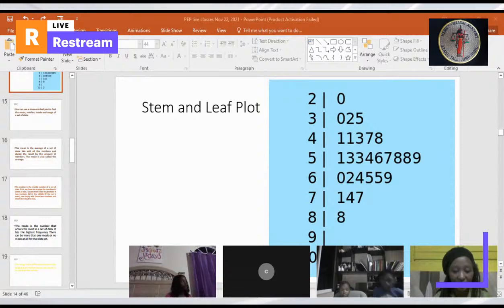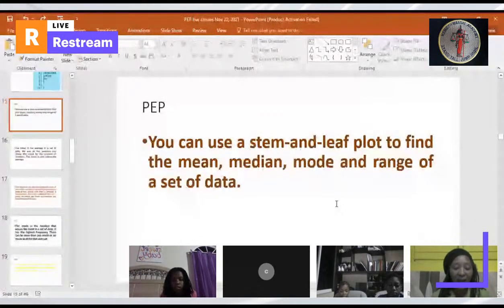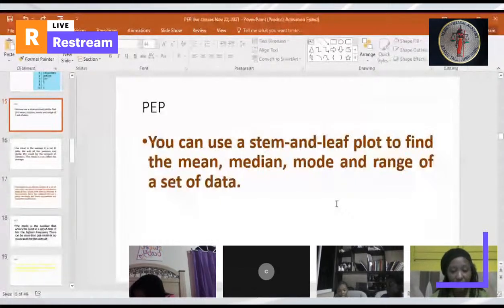So let's continue. All right, so you can use a stem and leaf plot to find the mean, median, mode, and range of a set of data. So when you're given the stem and leaf plot, you're going to be asked questions about it, and some of the questions that can come have to do with finding the mean or the average, finding the median, the mode, the range, and so on.